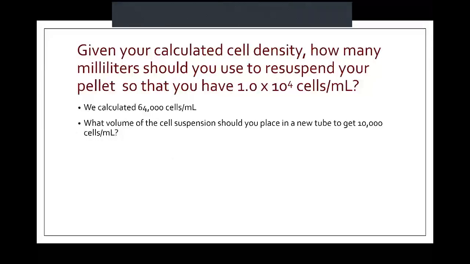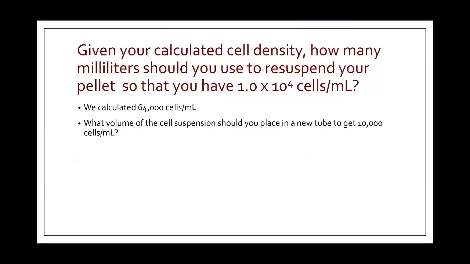The second question was, given your calculated cell density, how many milliliters should you use to resuspend your cell pellet so that you have 10,000 cells per mil? We calculated 64,000 cells per mil, so we actually want a more dilute cell suspension. What volume should you get?